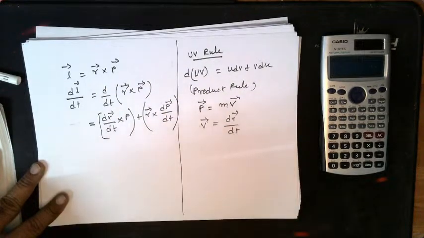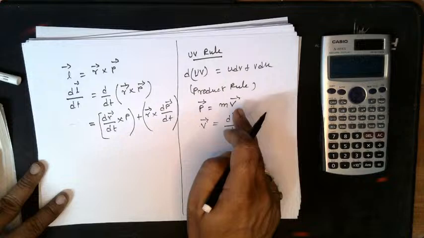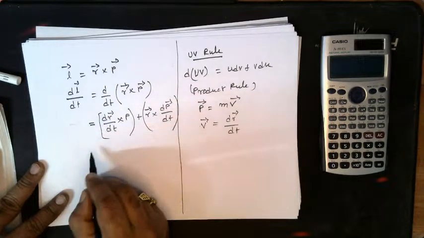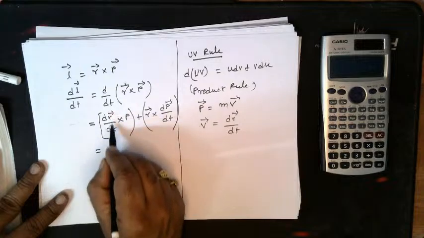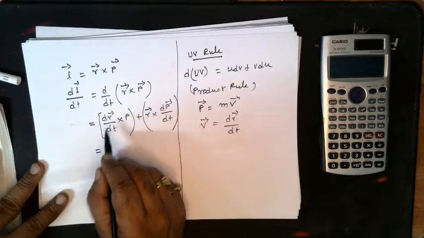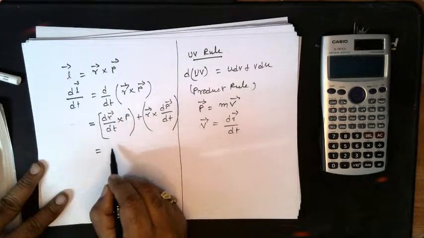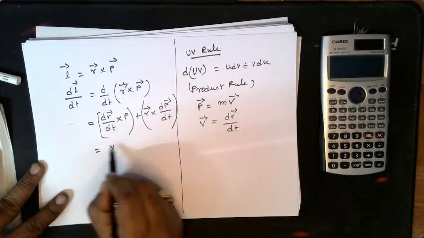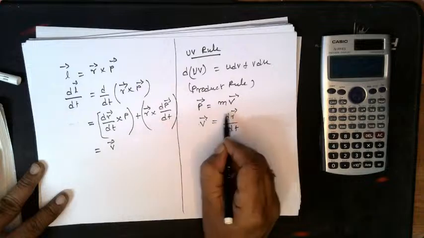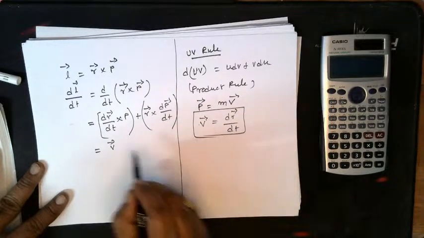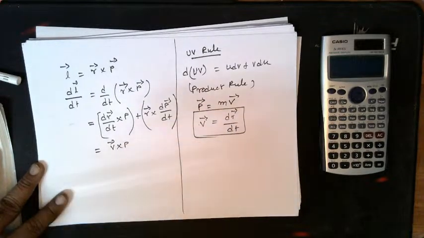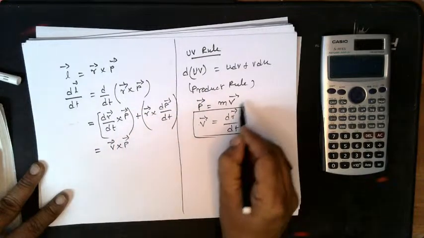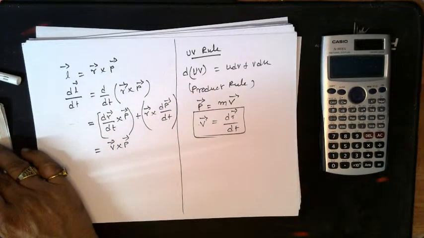So instead of dr by dt, you can put this v, is it not? So I can introduce p here. This is v vector, so I can mention this as v vector. Take down: because dr by dt is equal to v vector. Got it? Into cross P vector. This is also P vector. Always mention the vector, right?